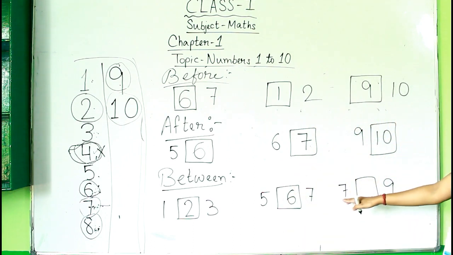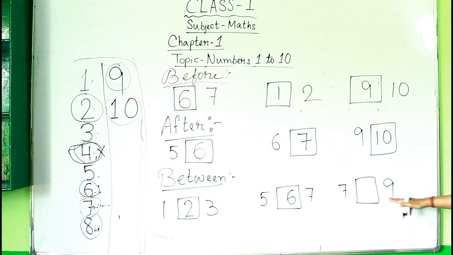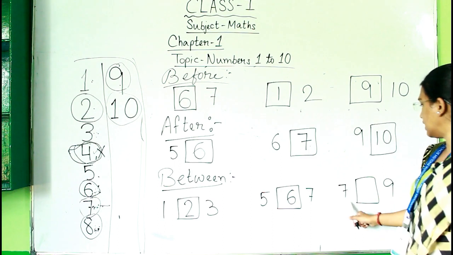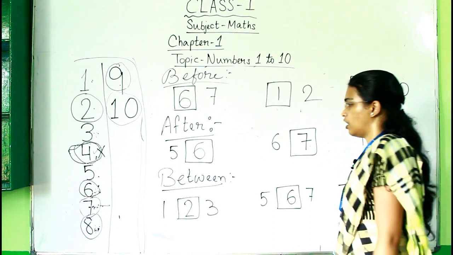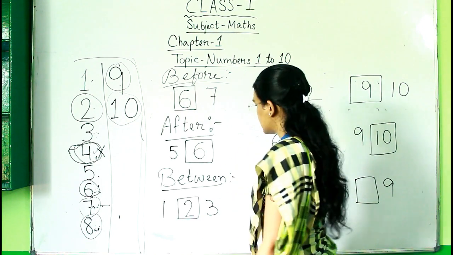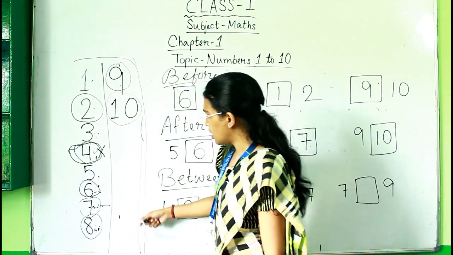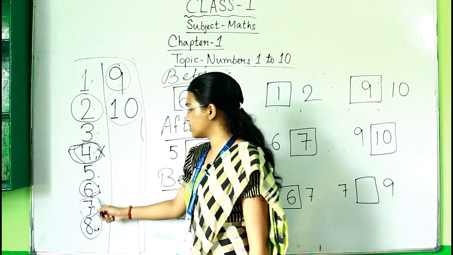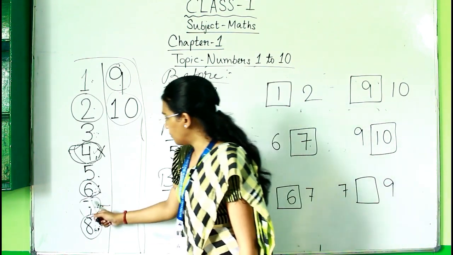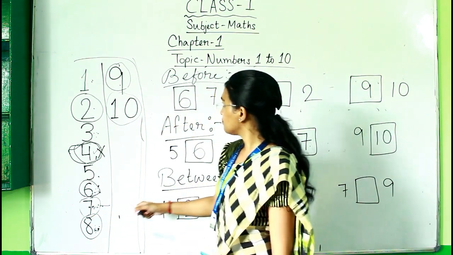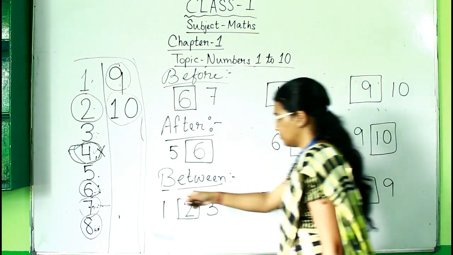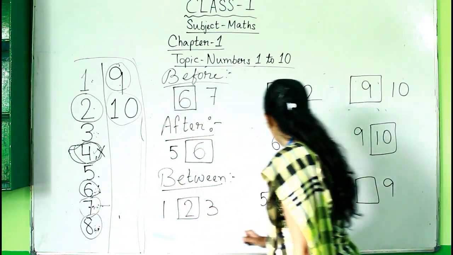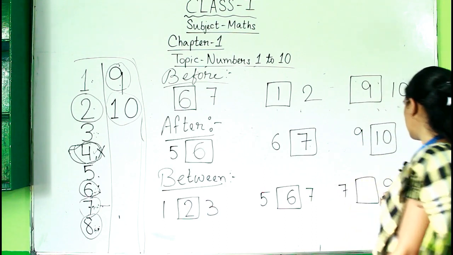Now the next question is 7 dash 9. So you have to find out the between number of these numbers. What is 7? Show me the chart. Yes, this is number 7. And after that, which number is this?